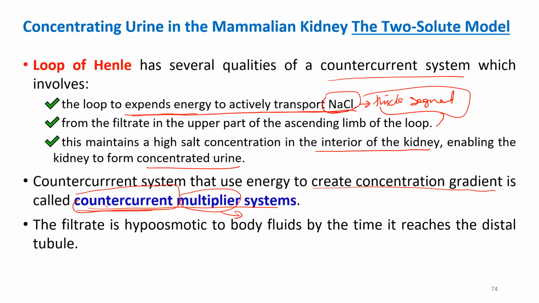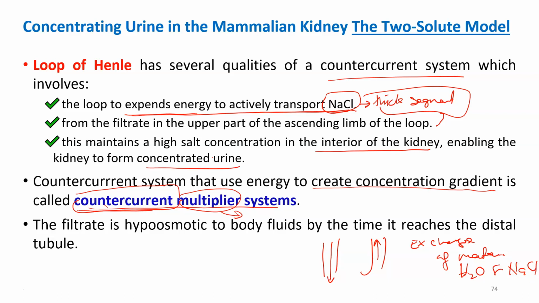Okay, kalau tengok descending, filtrate moving down, ascending, filtrate moving up. Okay, so countercurrent, apart from involving movement of fluid in opposite directions, it also involves the exchange of materials. In this case, the exchange of water and also sodium chloride.